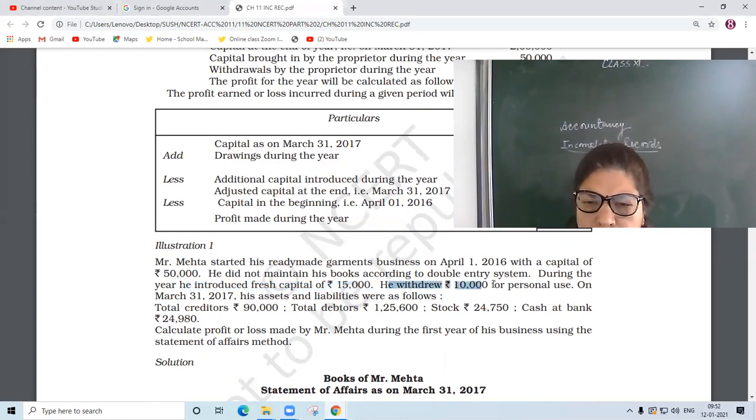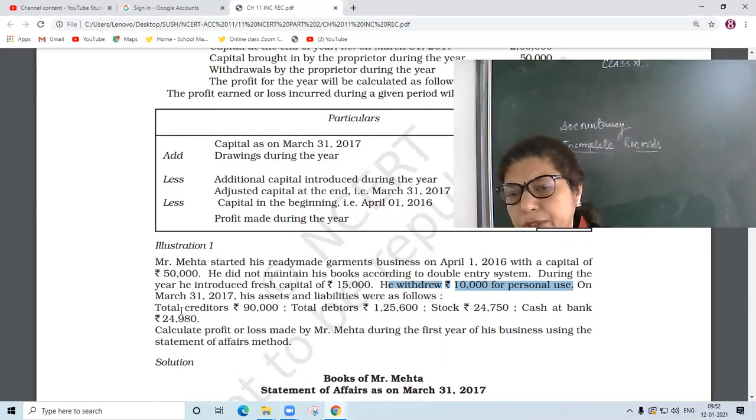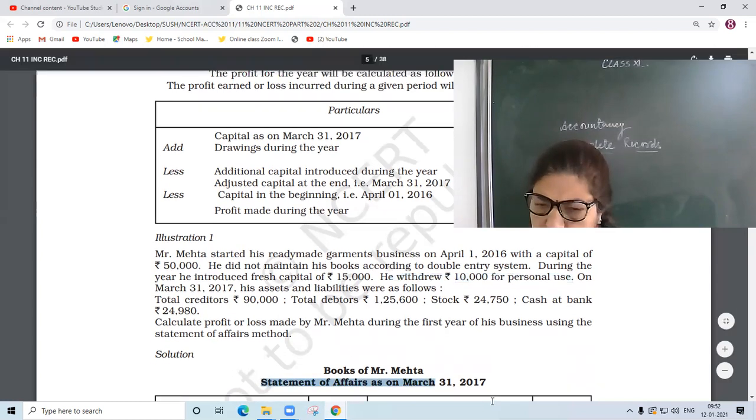Withdrew 10,000 rupees for personal use, clearly given, no problem. But in this question, closing capital is not given. So what to do then? If the closing capital or opening capital is not given, then the businessman will prepare a statement of affairs.